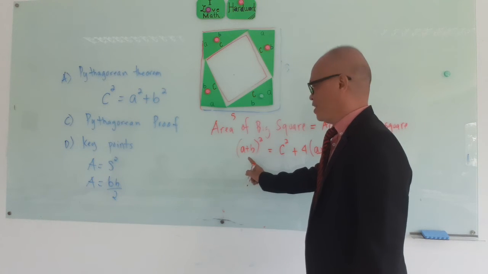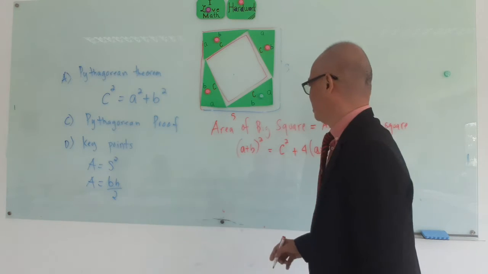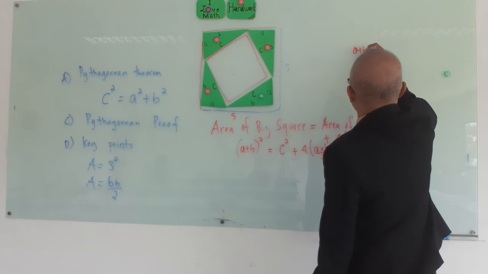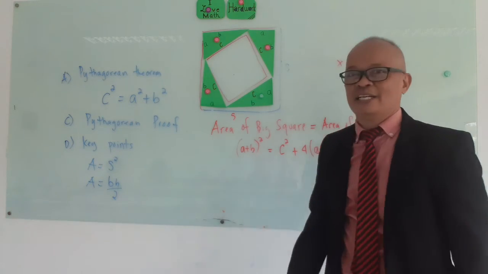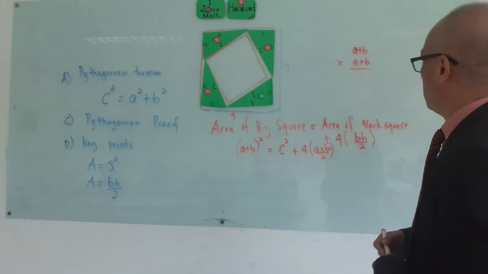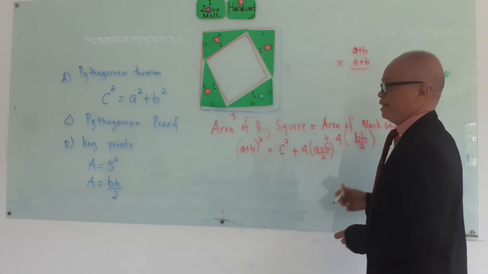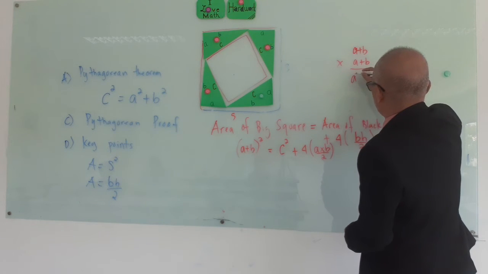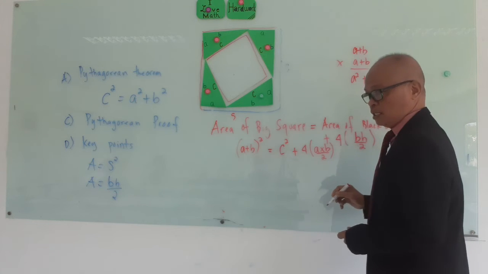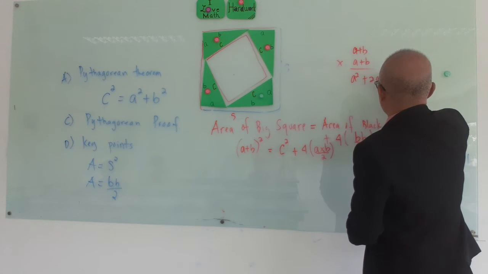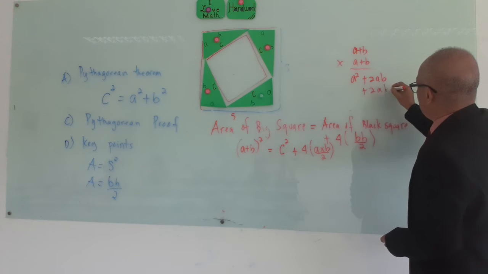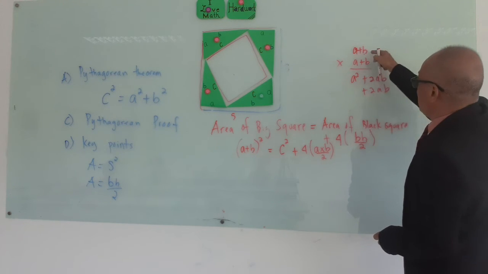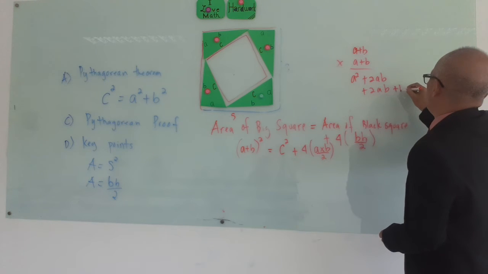How will we expand A plus B squared? A plus B multiplied by A plus B. I guess you have this in your algebra. A times A is A squared, A times B is AB, B times A is AB, and B times B is B squared.